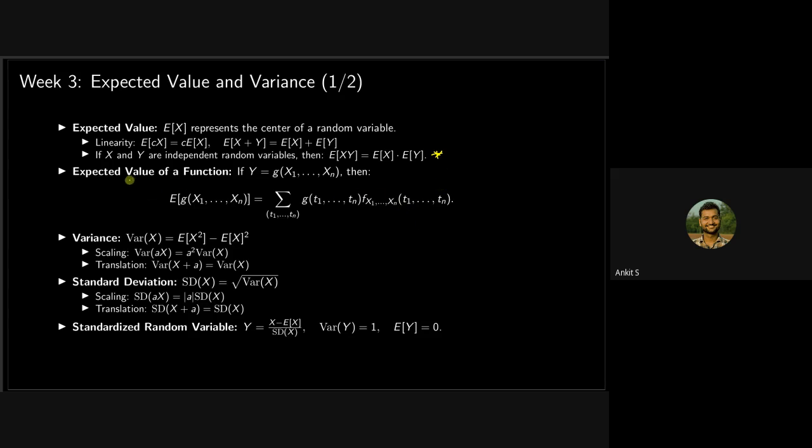Then the expected value of a function was also very important. The neat thing about it is that, suppose you have random variables x1 to xn, or even one random variable, it does not matter. You have a function y equals some function of the random variable x, and you want to calculate the expected value of y.